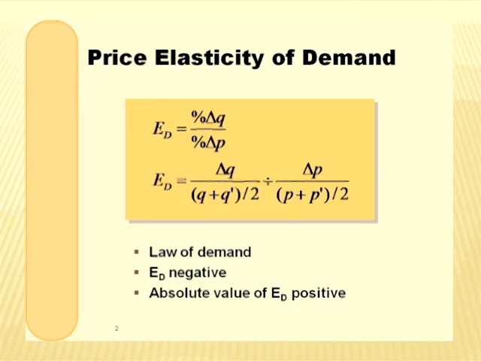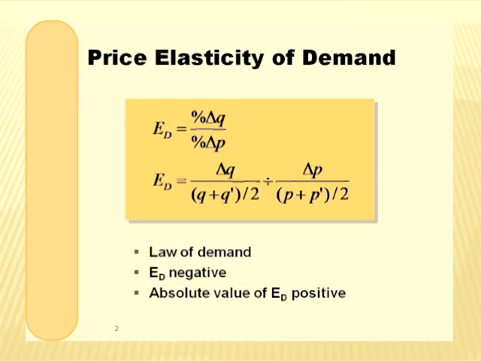Now bear in mind, one or the other of these two pieces is going to have to be negative. Either the quantity change is going to be negative, in which case we raised price, and the price change is positive, or else the price change is going to be negative, which means we lowered the price, and the quantity change is going to be positive.